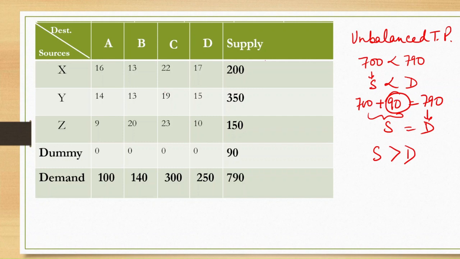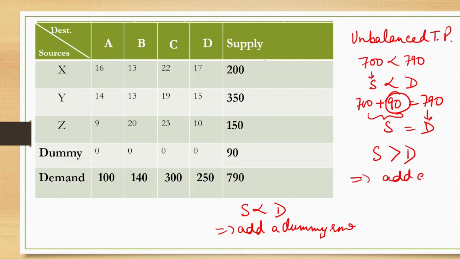So note that for unbalanced transportation problems, whenever supply is less than demand, you have to add a dummy row, and if supply is greater than the demand, then you have to add a dummy column.